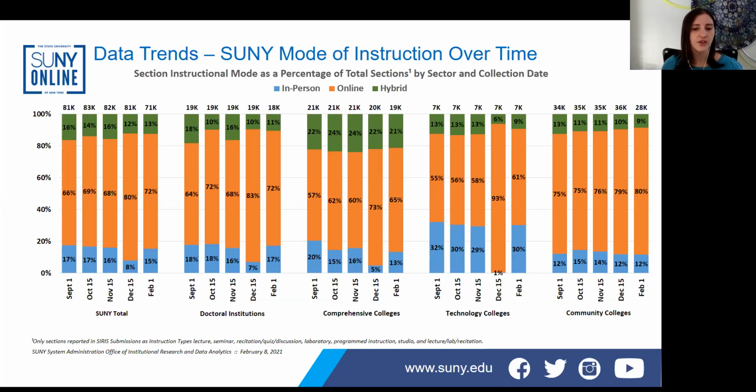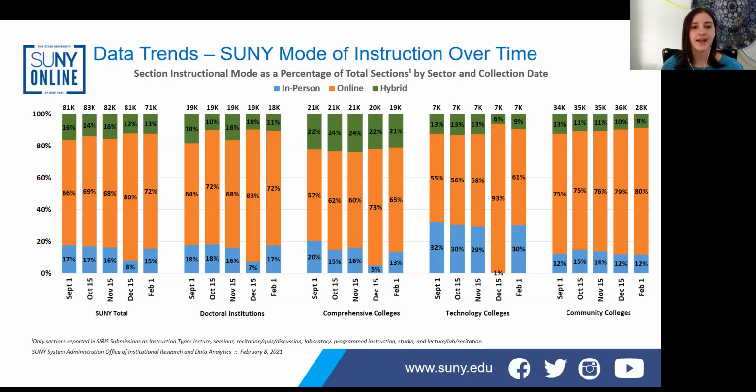And the levels of in-person instruction going from the beginning of the fall to the beginning of the spring are pretty similar as well, although there is a bit of a dip in the comprehensive colleges. They had some more face-to-face, 20% were face-to-face at the beginning of the fall, and then that dropped to 13% at the beginning of the spring.